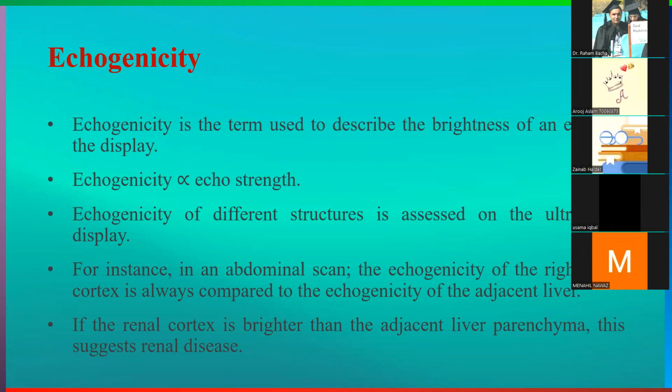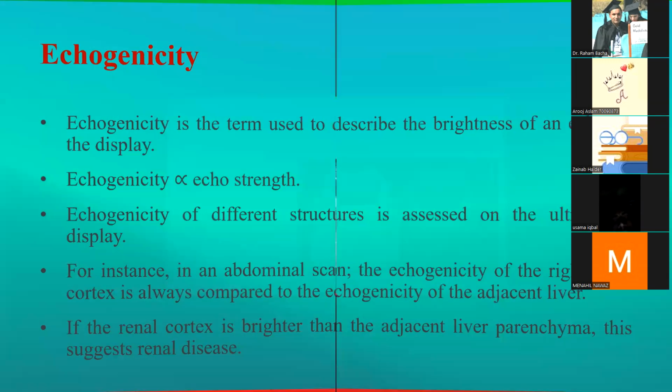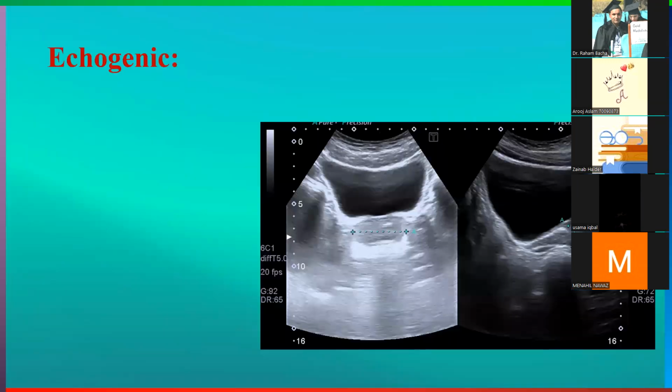But in the case of ultrasound, we evaluate structures with the help of these echoes, and when there are strong echoes reflecting from a reflector, that will be bright on the screen, and if the echo amplitude is lower, then it will appear dark. So that's why we are calling it brightness, right?